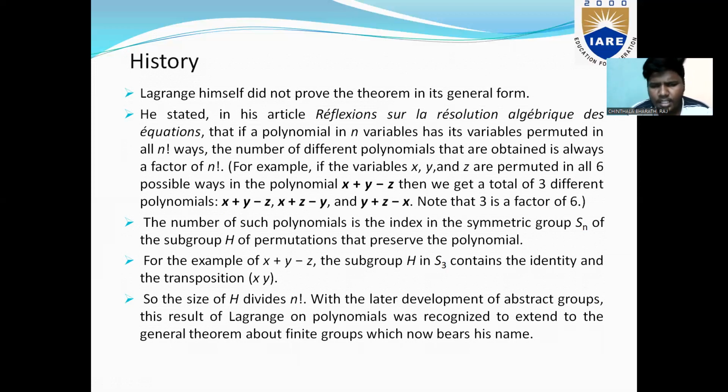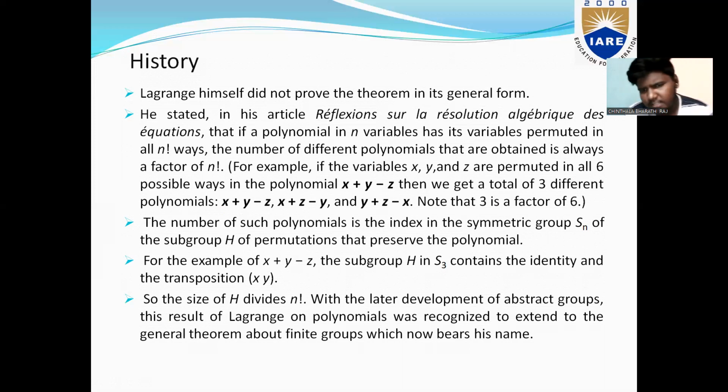For example, if the variables x, y, and z are permuted in all 6 possible ways in the polynomial x plus y minus z, then we get a total of 3 different polynomials. They are x plus y minus z, x plus z minus y, and y plus z minus x.